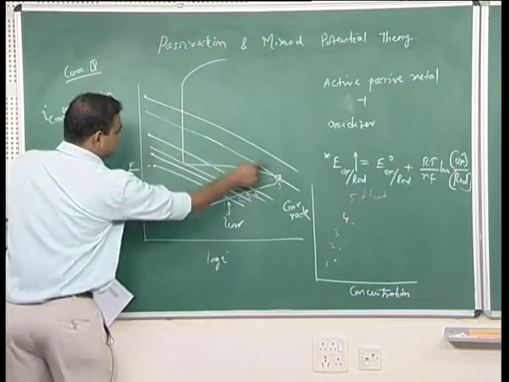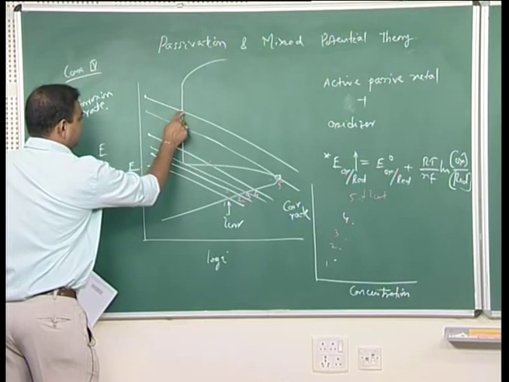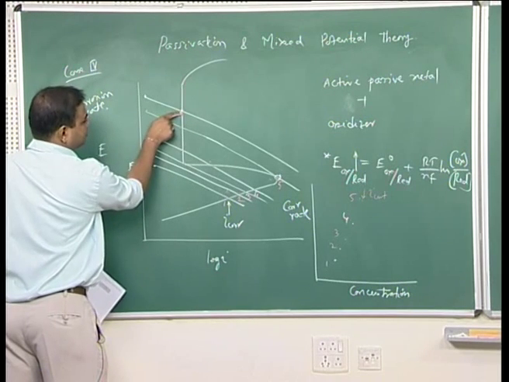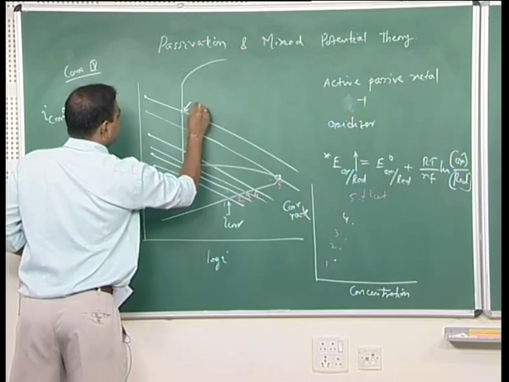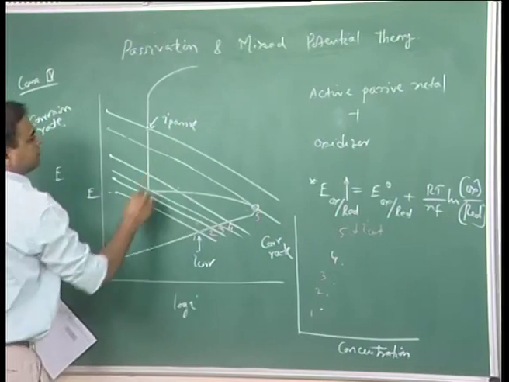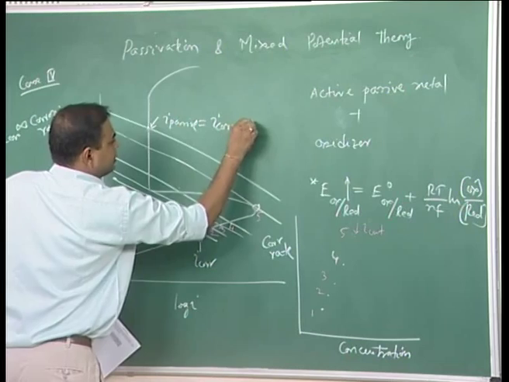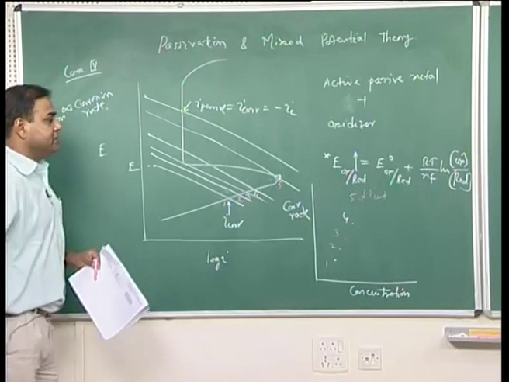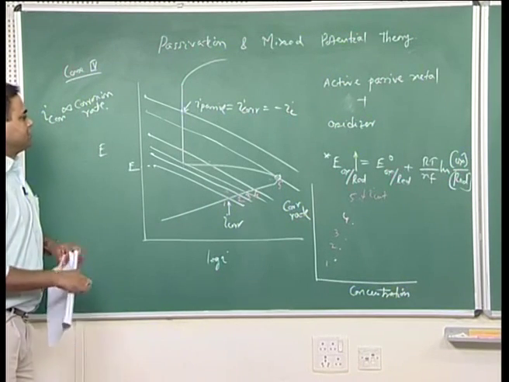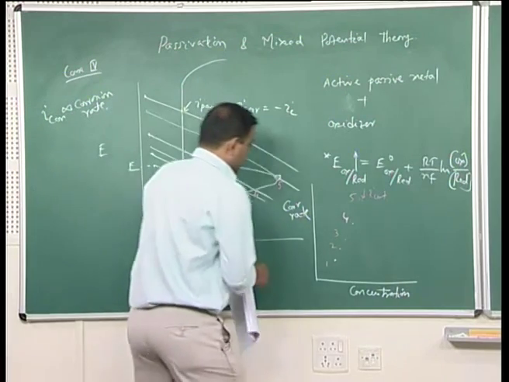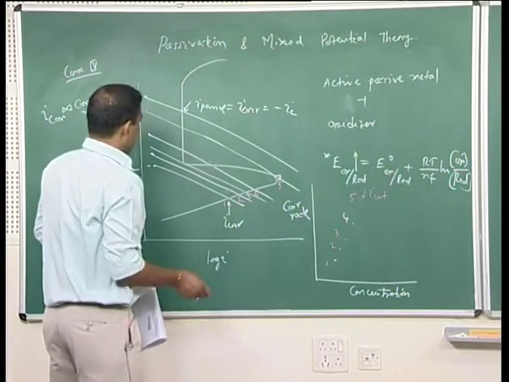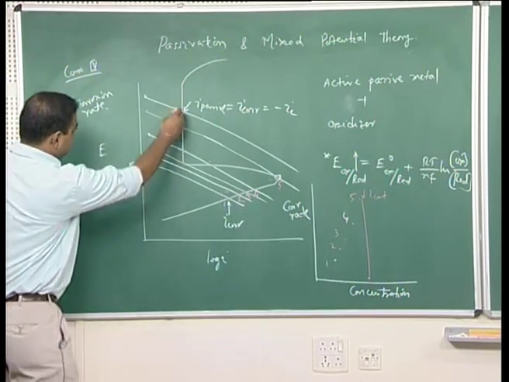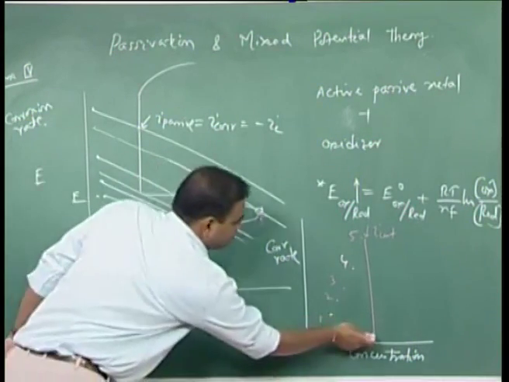Now, once we reach this level of concentration, the corrosion current or the rate of corrosion is in the passive zone, and this is my I passive equal to I corr equal to minus I c. And I see that from here to there there will be a huge drop in the corrosion current density. So, my corrosion rate would come down to a large extent. This value is much lower than this value, so it will drop here.